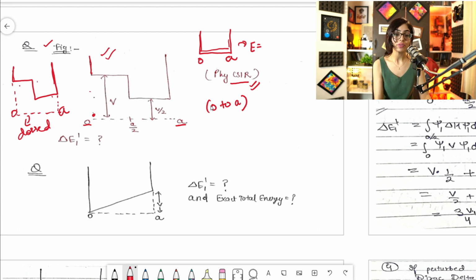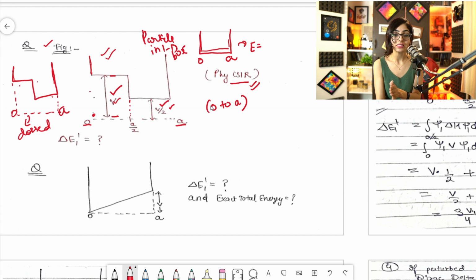They have also given that this part is perturbed by V, and the other half is perturbed by V by 2. Remember, it is a particle in 1D box question. The first part is perturbed by V, the second part is perturbed by V by 2. The exact half, can you see?